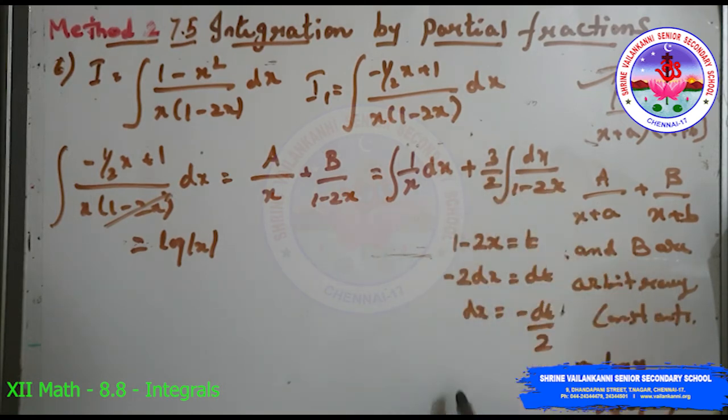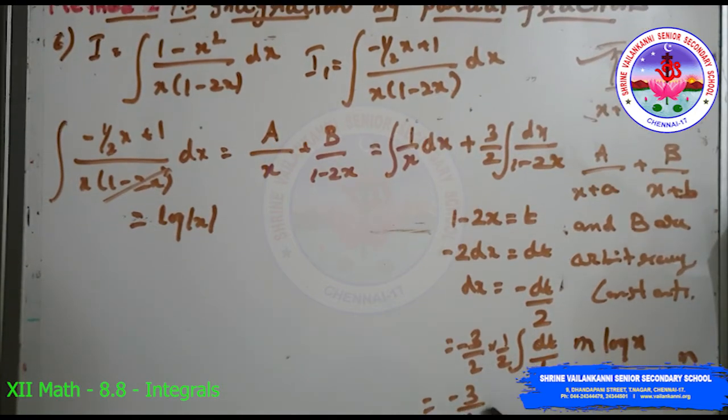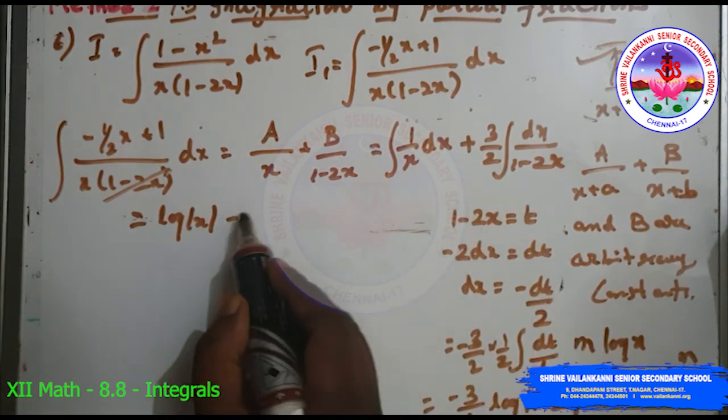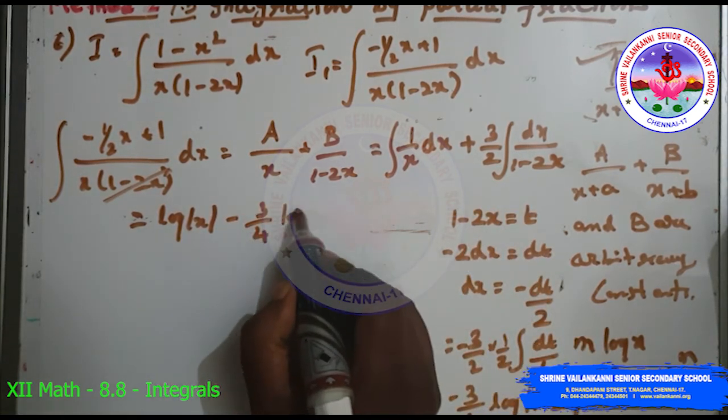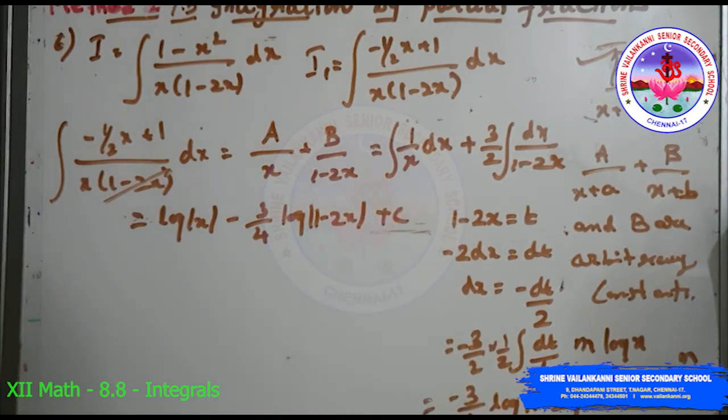So we can write this as 3 by 2 into 1 by 2 integral of minus dt by t, which is minus 3 by 4 log t. Here t is 1 minus 2x. So we can write this as minus 3 by 4 log of (1 minus 2x) plus c.